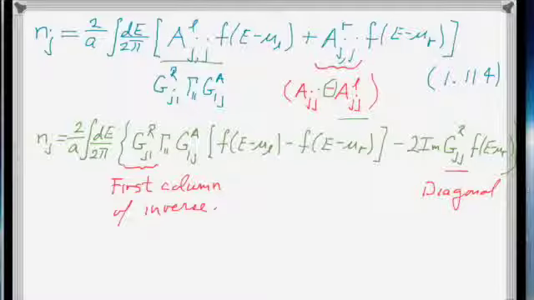So it allows you to just get the diagonal elements of the inverse and just that first column and not get anything else, because that's all you need, so you don't waste time generating a bunch of other elements. But right now I'm just showing you how to manipulate the equations into this form. Later we'll show the algorithms you need to actually calculate these elements and only these elements.